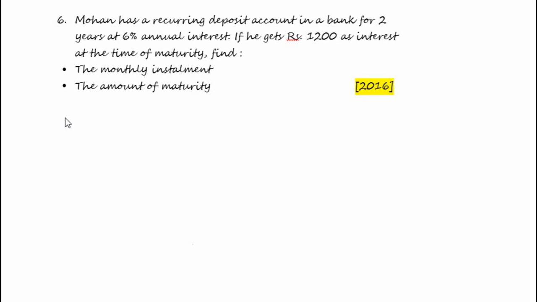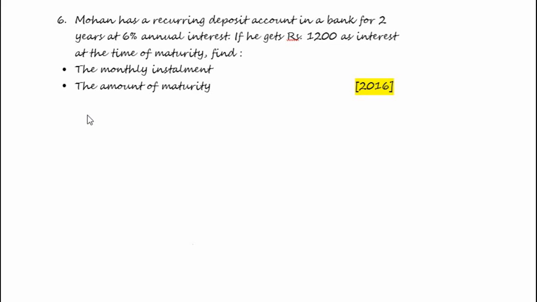Next problem. Mohan has a recurring deposit account in a bank for 2 years at 6% annual interest. If he gets rupees 1200 as interest at the time of maturity, find 1. the monthly installment, 2. the amount of maturity. So what is given here?